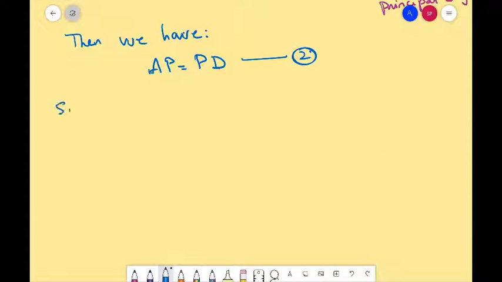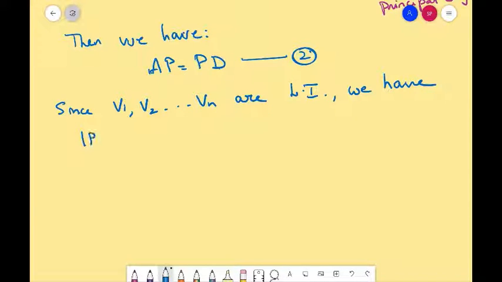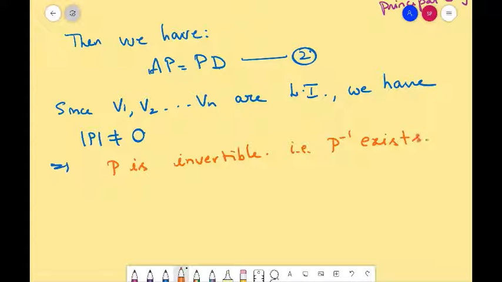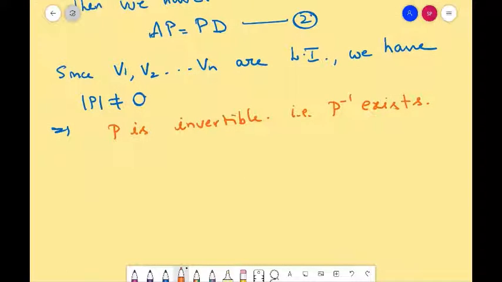Since V1, V2 and so on Vn are linearly independent, we have det P is not equal to 0 because they are columns in matrix P, which implies P is invertible. That is, P inverse exists. Then in equation 2, multiply both sides with P inverse.